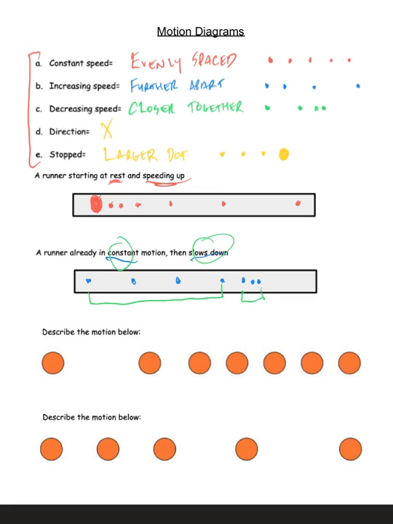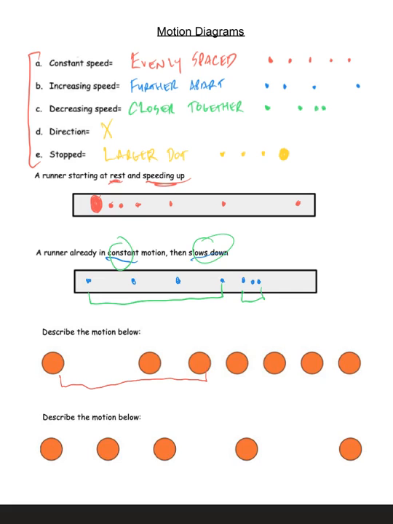Now let's work on how to interpret what's going on in a motion diagram. And so we have this first example, and let's look at this first part of the motion diagram. You always want to split up what's happening unless the same thing is happening throughout the entire diagram. So if we look at this first diagram, we see that the dots are coming closer together.